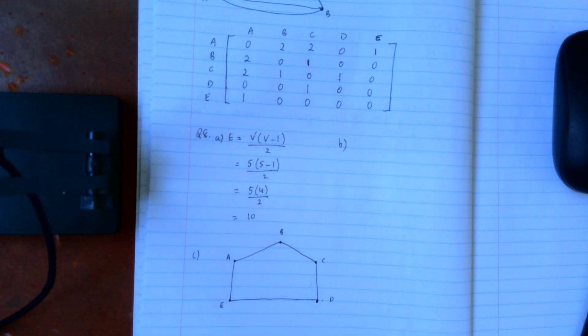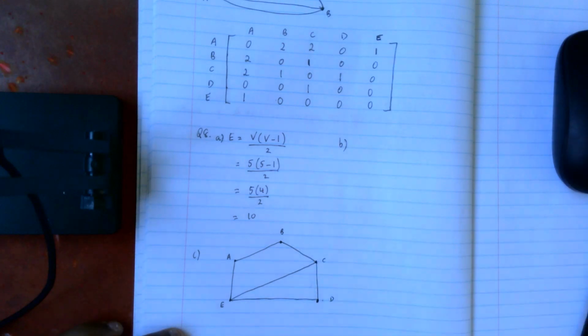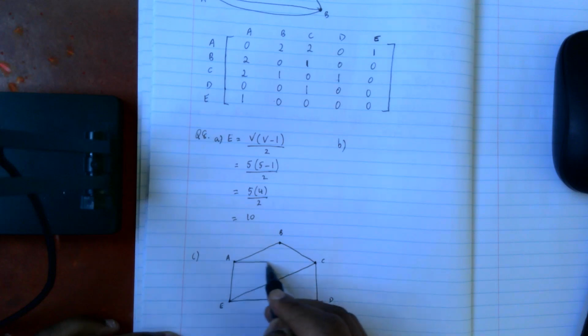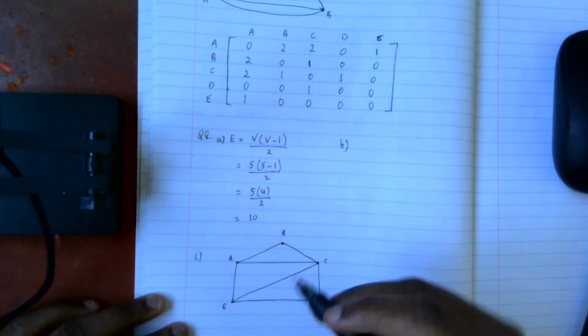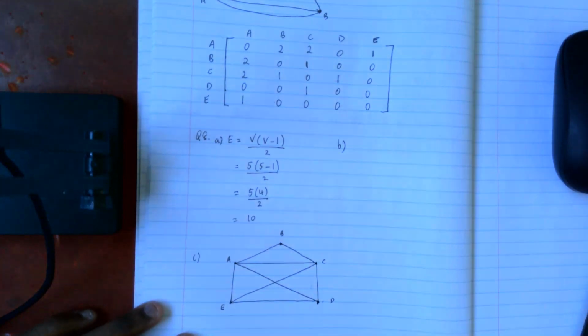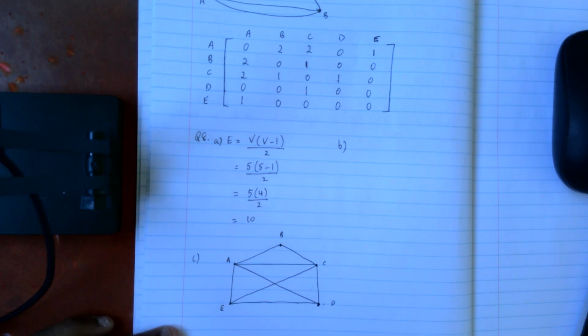And then I need to be able to get to all other vertices. So I can go from A to C, and then I can go from A to D as well. So that would be your network.